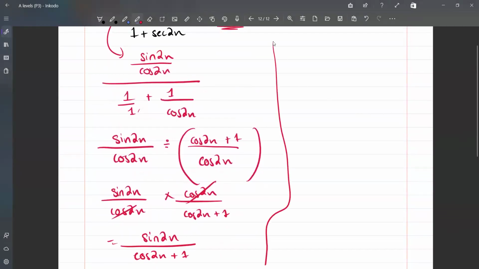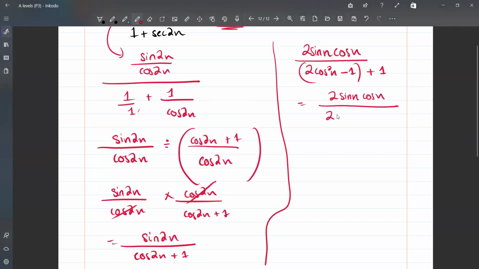So right, let's do it. We know that sine 2x is equal to 2 sine x cos x, and cos 2x can be rewritten as 2 cos square x minus 1. And plus, we have plus 1 here. Okay, so 2 sine x cos x upon 2 cos square x minus 1 plus 1.